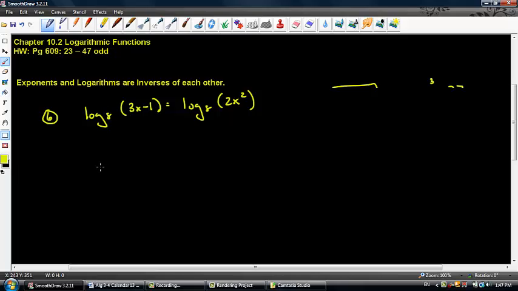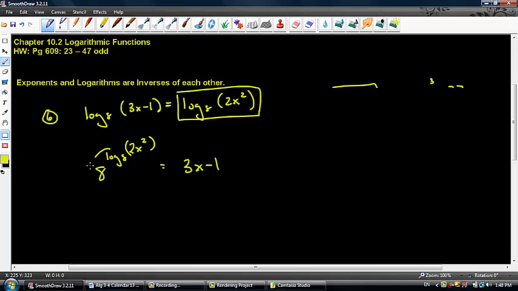My base is 8, and remember my exponent is this whole thing here. So the exponent is log base 8 of 2x squared, and that's going to equal my answer, 3x minus 1. Well, remember what we just covered here. Whenever I have the base and the log being raised to the same base, they can get each other out of there, and I have 2x squared equals 3x minus 1.